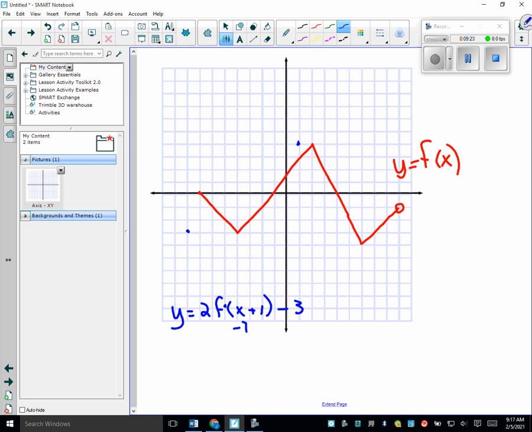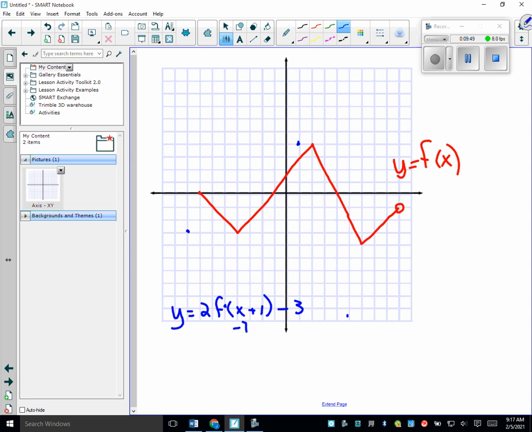All right? This point is going to go left 1, down 6, right? You okay with that? What's this point going to do?